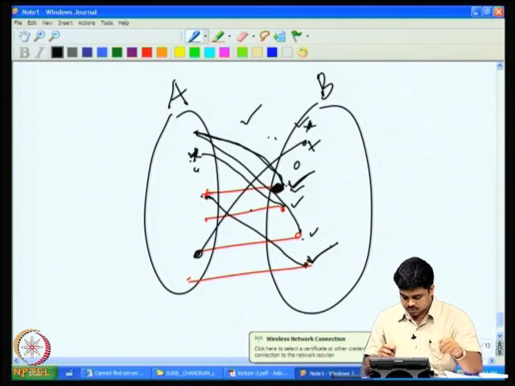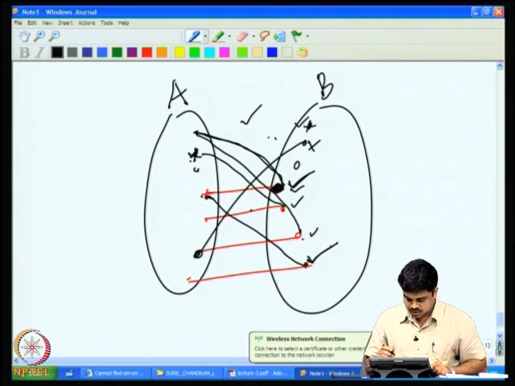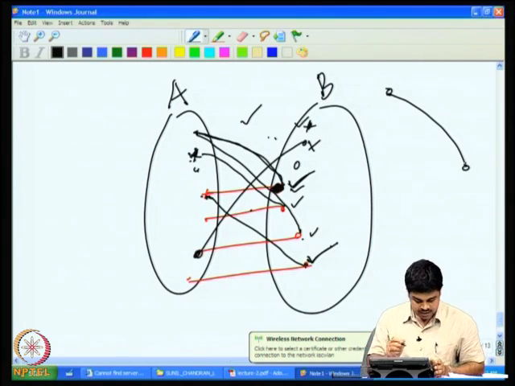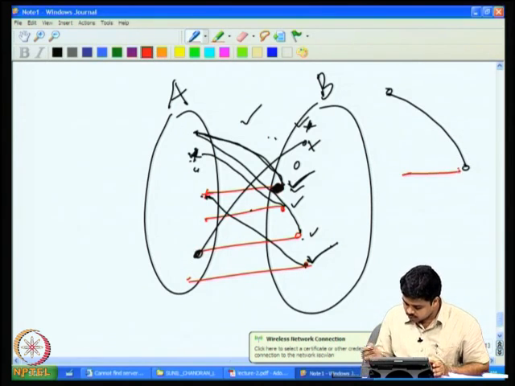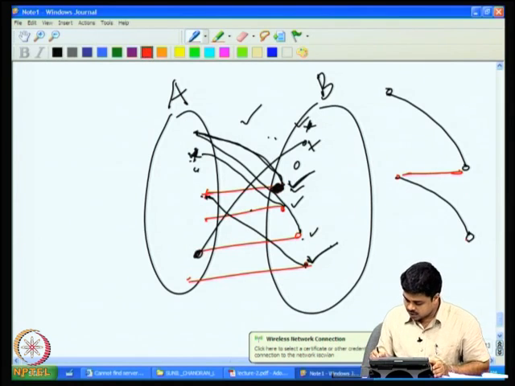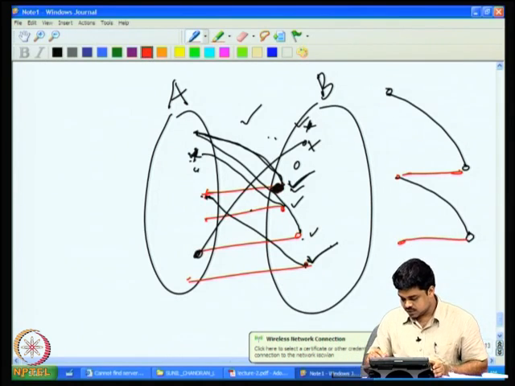So it happens that whenever I see a path starting from an unmatched vertex and reaching a matched vertex, and then I follow a matched edge to here, then again I take a non-matching edge, an edge from outside the matching, and then I reach the other side, and then I follow this thing.